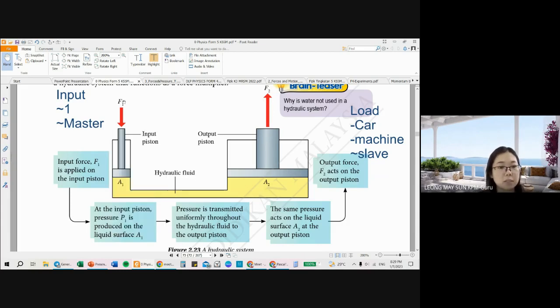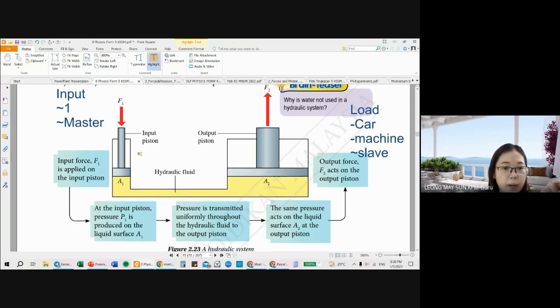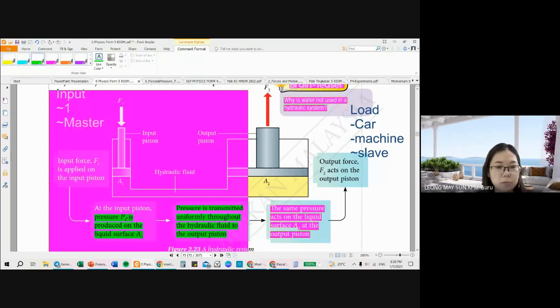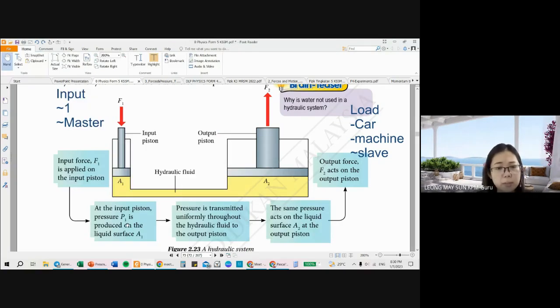So a force is applied on piston A1. This cross-sectional area of A1 will produce a pressure. At the input piston, pressure P1 is produced on the liquid surface of A1. So the pressure is then transmitted uniformly throughout the entire hydraulic fluid.